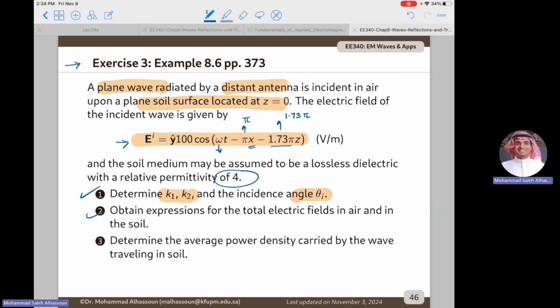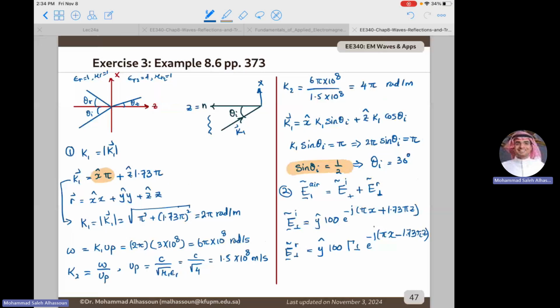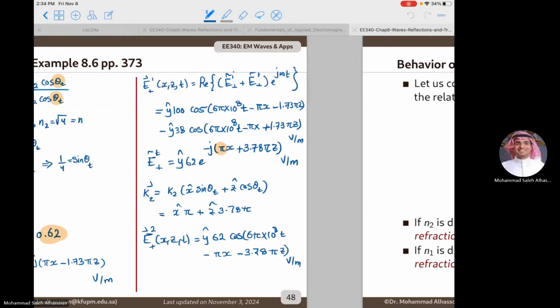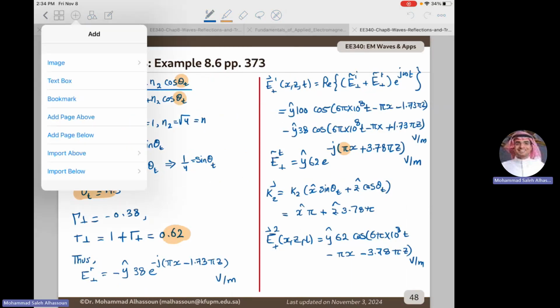The last part is we want to determine the average power density carried by the wave traveling in the soil. The soil is medium 2. So the average power carried by the wave is simply the average power of the traveling wave in medium 2. Let me add another slide.